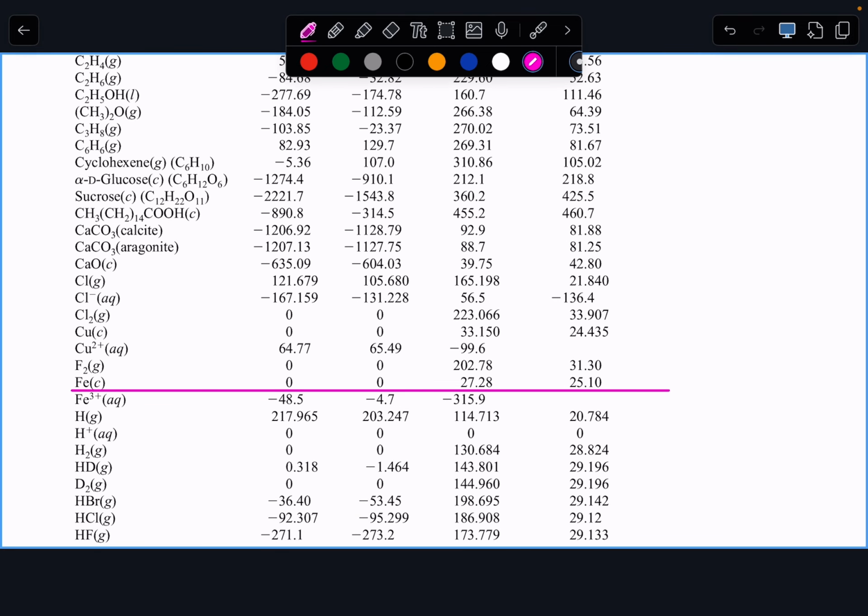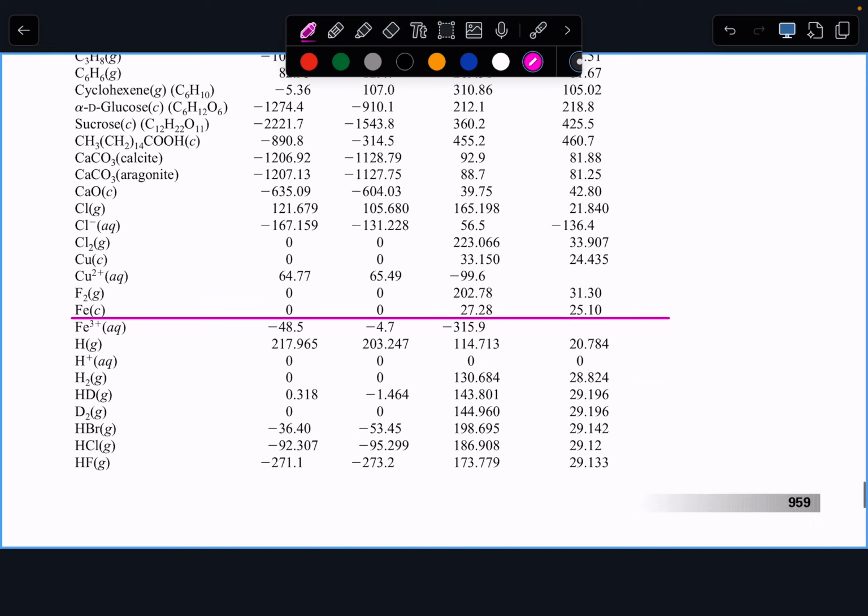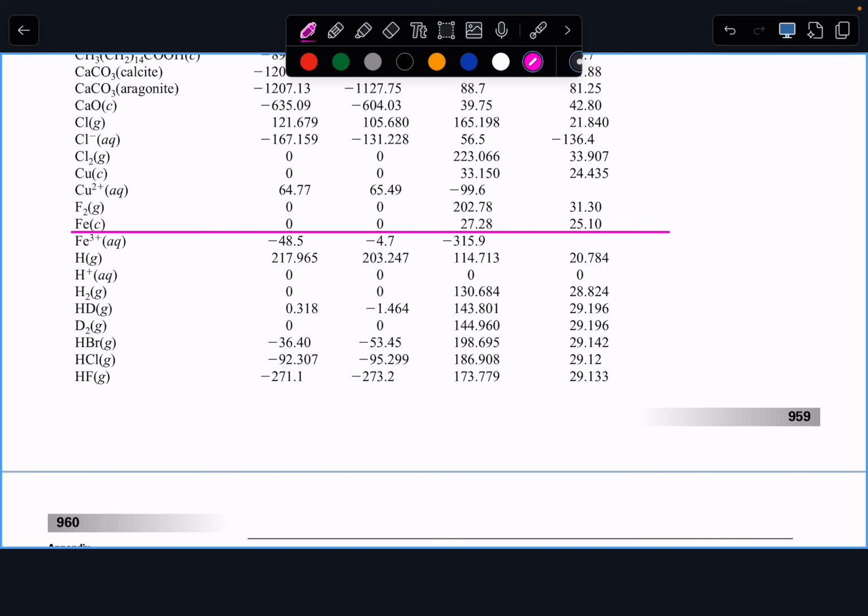So the reference form of iron would be the iron condensed, right? So if you were asked to find out, okay, so what is the reaction to form the, let's say, Fe3O2, and that comes from 3 Fe condensed plus O2 gas goes to your Fe3O2.